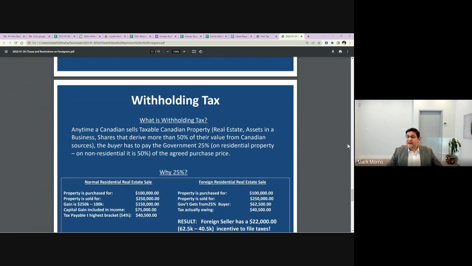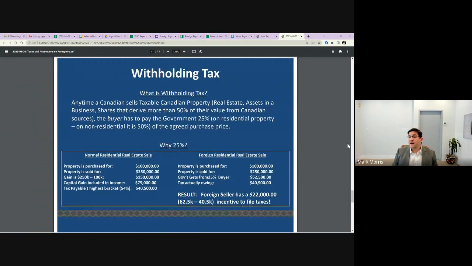So we have a scenario where anytime someone sells taxable Canadian property, that's real estate in English, that derives more than 50% of its value from Canadian sources, that is real estate, the buyer has to pay the government 25% of the purchase price.